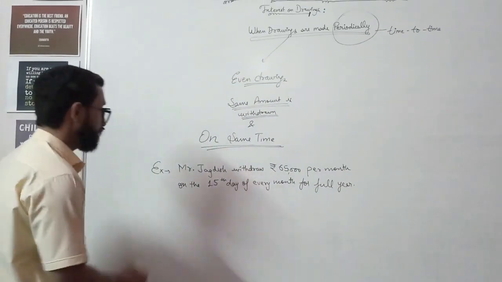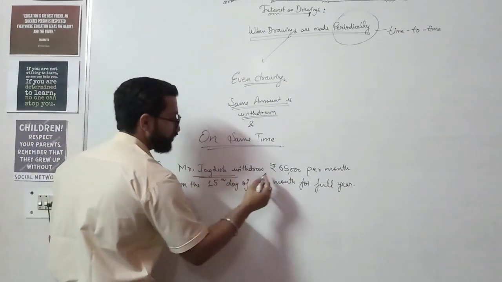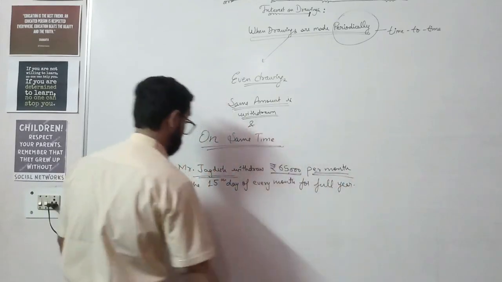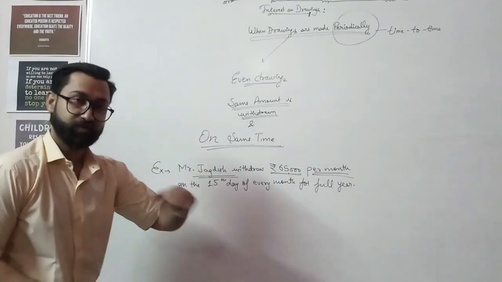Now, Mr. Jagdish withdraws 65,000 per month on the 15th day of every month.